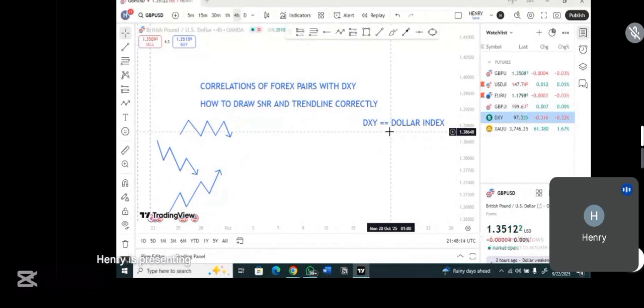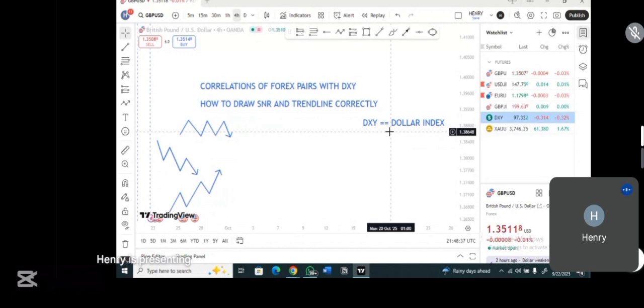But the reason why today's lesson is the correlation of Forex pairs with DXY is that the dollar is the strongest currency, or am I lying? Yes, the dollar is the strongest currency. Almost all the currency pairs you will trade have the dollar in them.